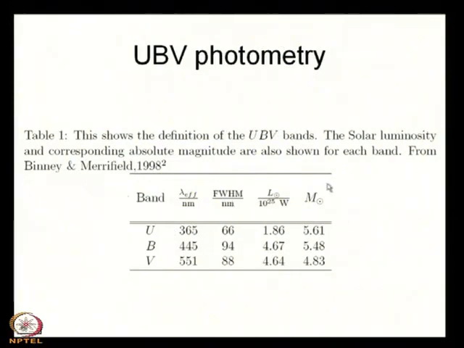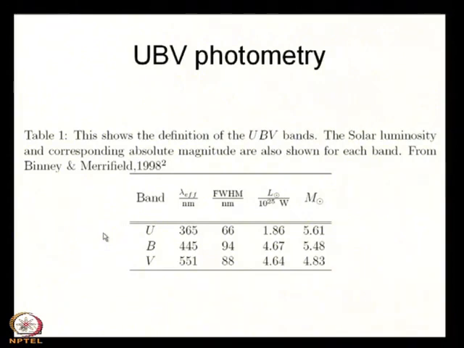Okay. Now here the last column in this table tells us the absolute magnitude corresponding to the solar luminosity, the solar radiation. So the sun has an absolute magnitude of 5.61 in the U band. What does it mean?